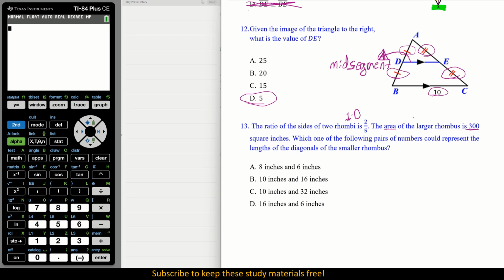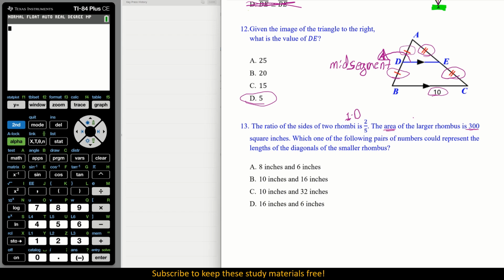Okay, so we have two things going on here. We need to get the area of the smaller rhombus, and then we need to deal with the diagonals. Okay, all right, so let's do that. The first thing that I notice is that they're saying that we have area here.